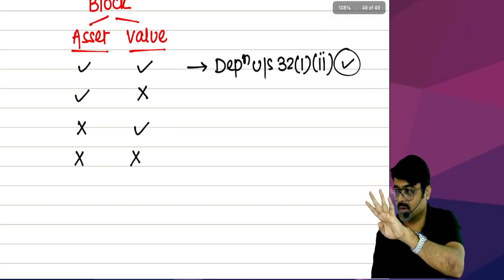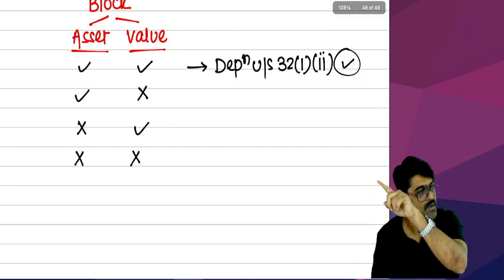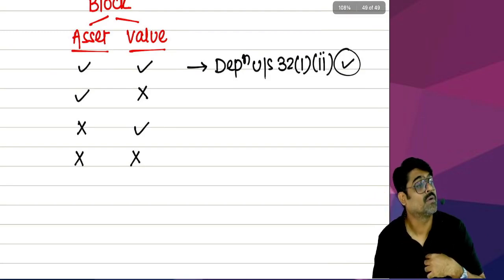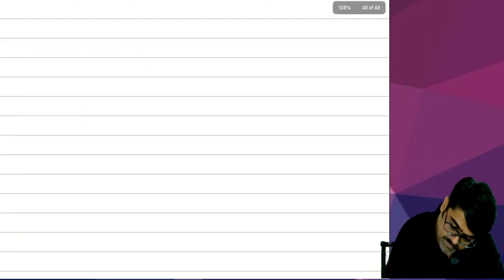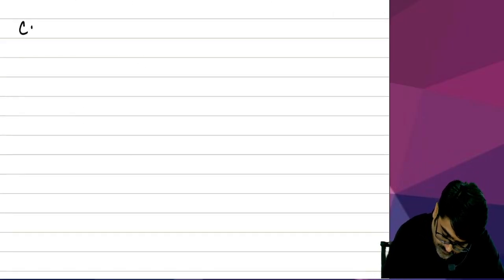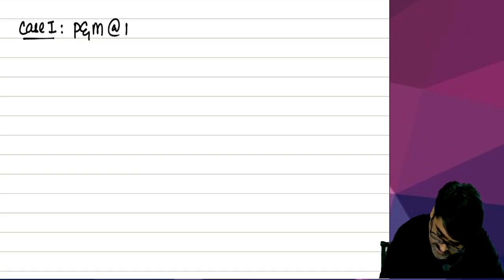Four cases are there, no? How many cases are there? 4. So we are going to make 4 cases. Okay, no? Case 1. Let's take the block of plant and machinery. Depreciable at what rate? 15%.